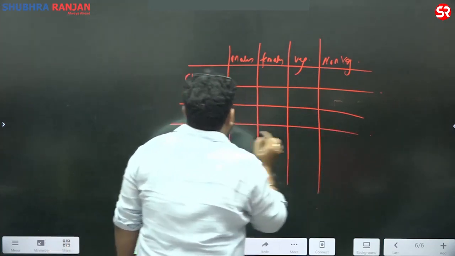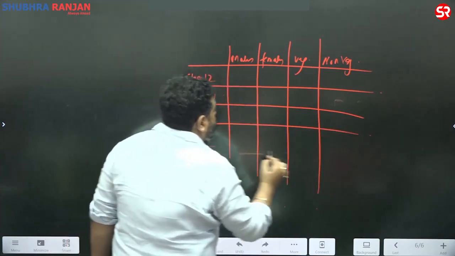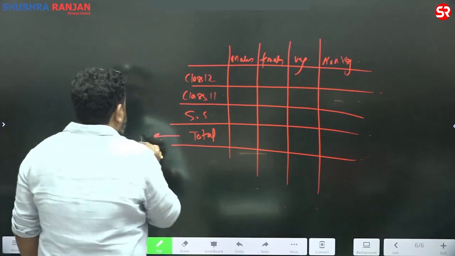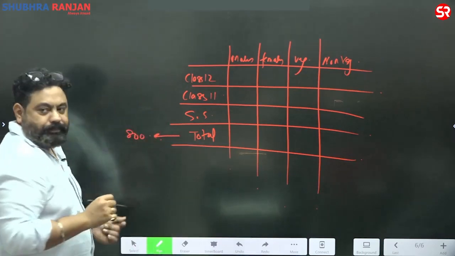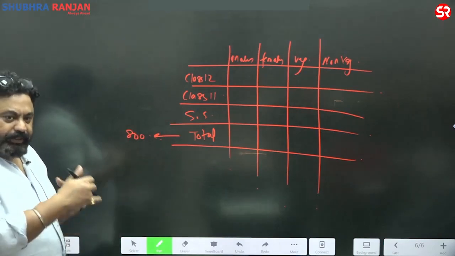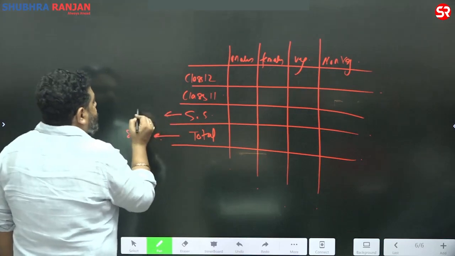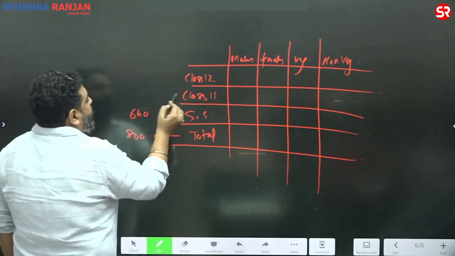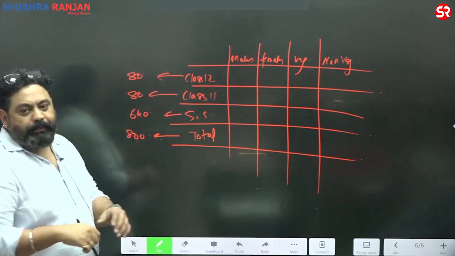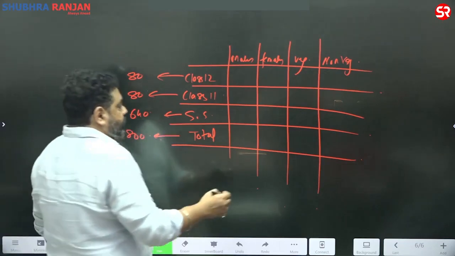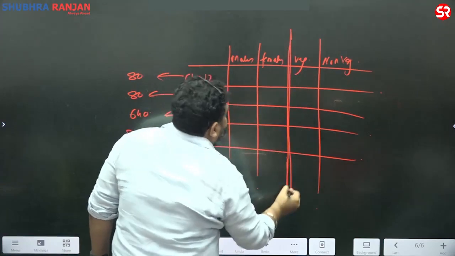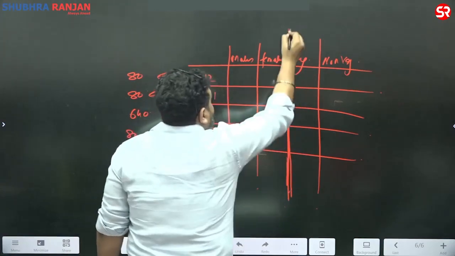This was senior secondary and this was total. How much was total? 800. How much was senior secondary? 80% of 800. Brilliant. 640, right? And remaining were 80. Is this clear? So I'm giving a big line of distinction over here, because these are two different datas.